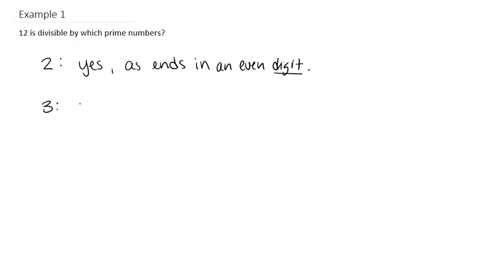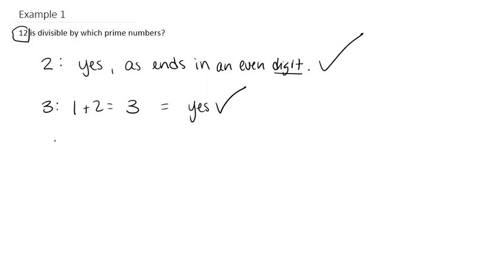Now we ask, if we add up the sum of the digits, so 1 plus 2, which is equal to 3, can it be divided by 3? Which, yes, 3 can be divided by 3. So we would say yes. So both of these have thus far checked out.